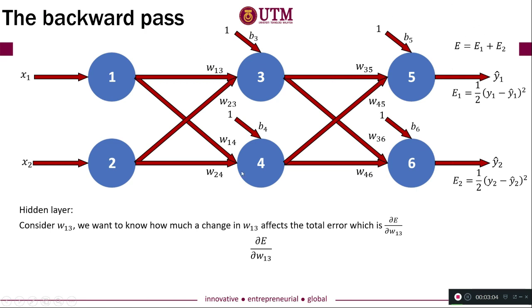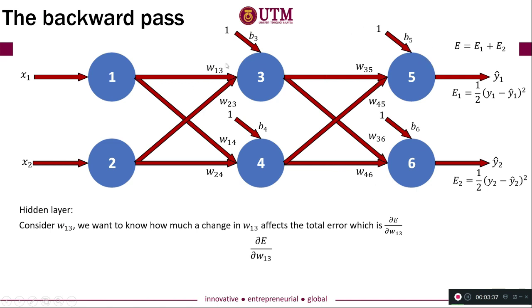So that's why we need to find the gradient of this W13, also called del E over del W13. This one is a little bit complicated in terms of generating the expression, still using the chain rule, because now the chain rule is a little bit long compared to finding the gradient of every parameter at the output layer.